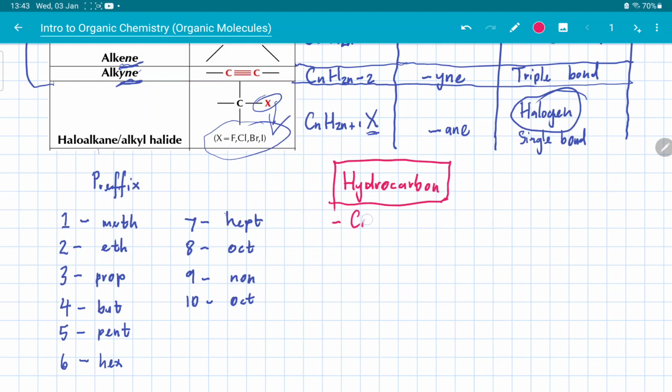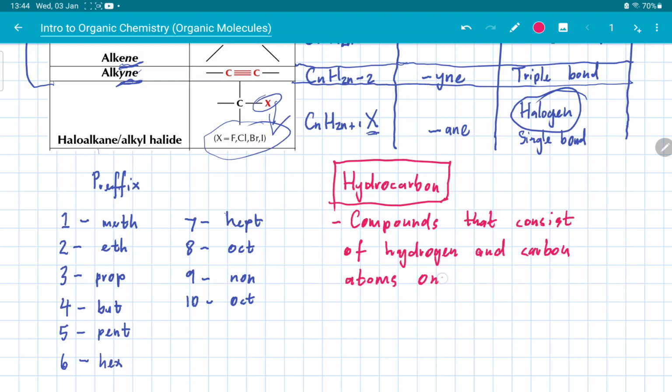Hydrocarbons are compounds that consist of hydrogen and carbon atoms only, by the way.